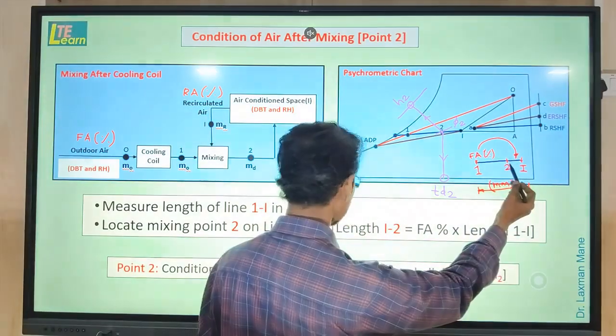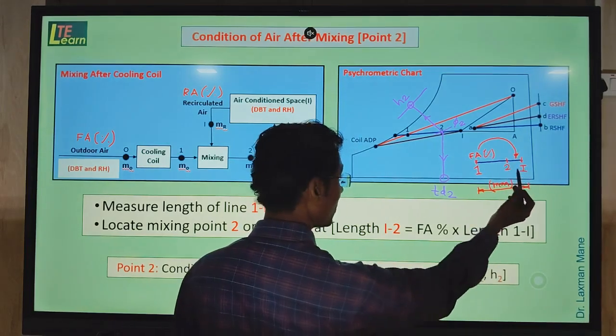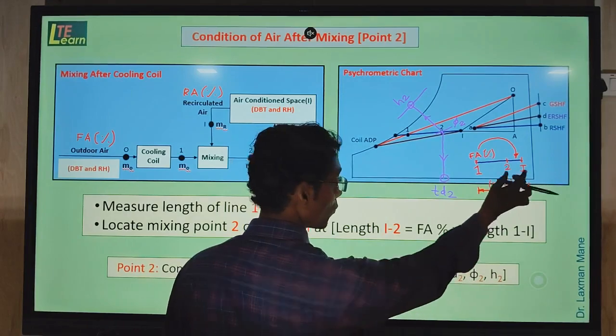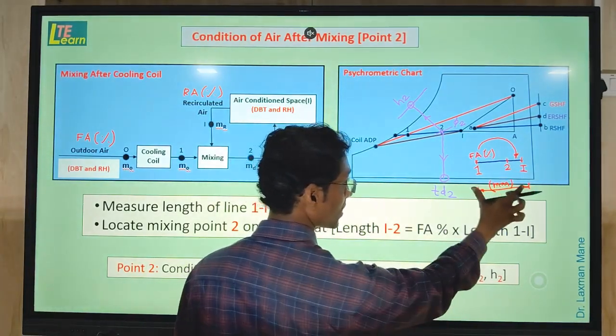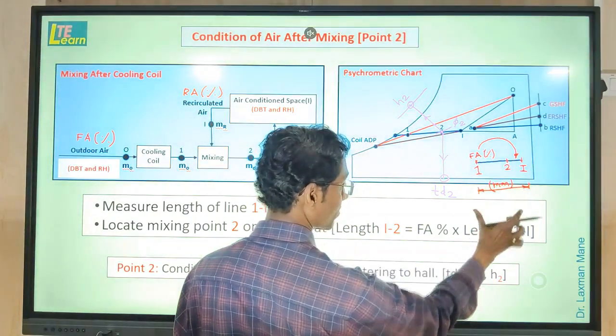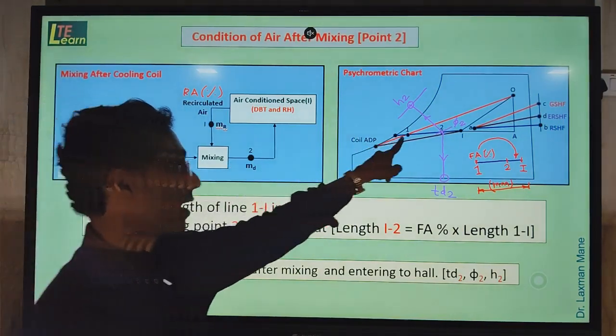So point number 2 can be located by using the formula: length I2 will be equal to the percentage of fresh air given multiplied by this total length I1. Thus we find point number 2 on the chart.